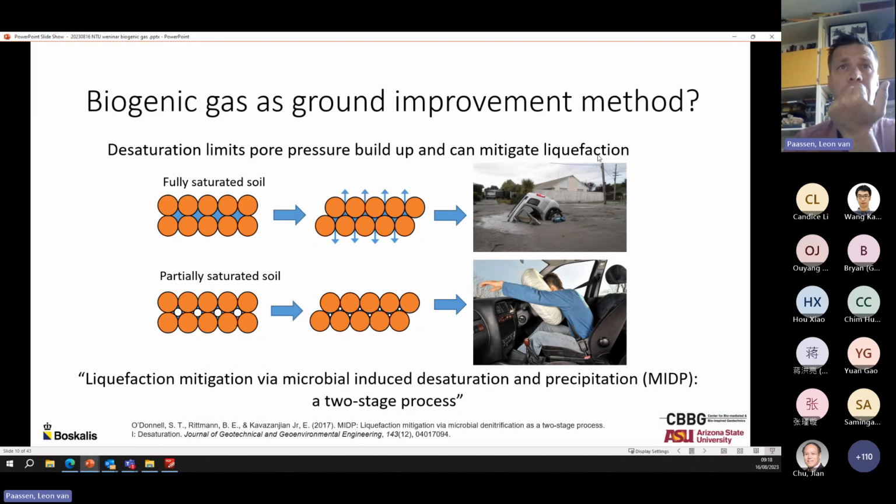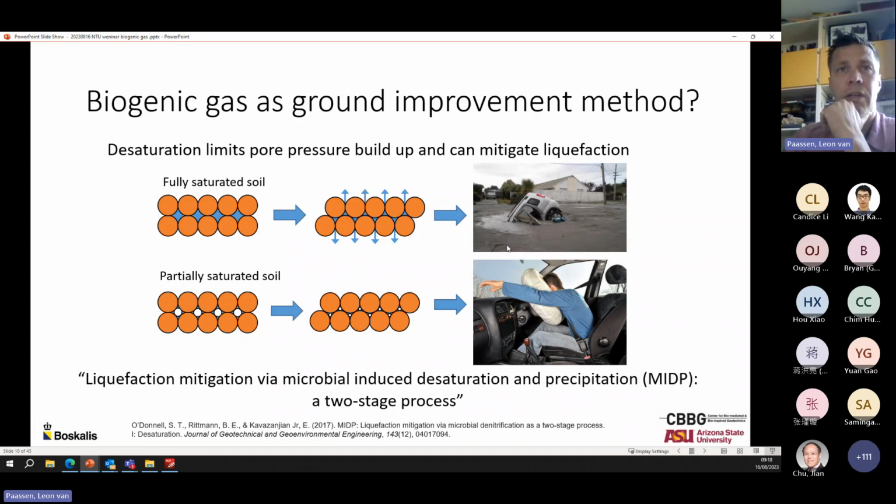So these results indicated that maybe we can use desaturation, just the biogenic gas itself, as a product to mitigate earthquake-induced liquefaction. So if you have a fully saturated soil, you start to shake it, well, it may contract and the water wants to squeeze out, so you build up pore pressure and the soil may liquefy as a result of that. So the idea was if we can now partially desaturate the soil, fill the large voids with gas bubbles, because the gas is compressible, you start shaking, you will not build up pore pressures.